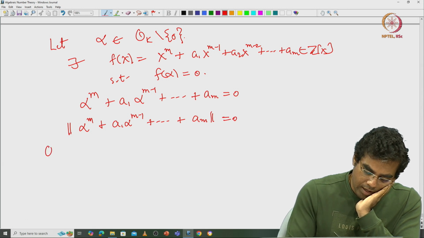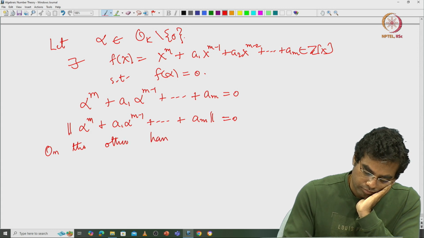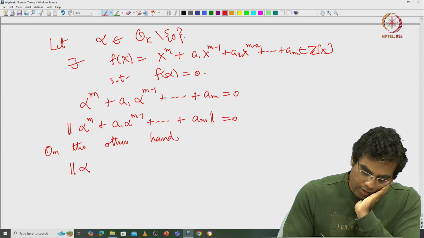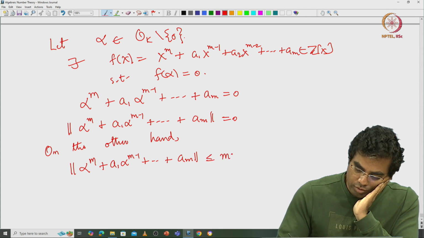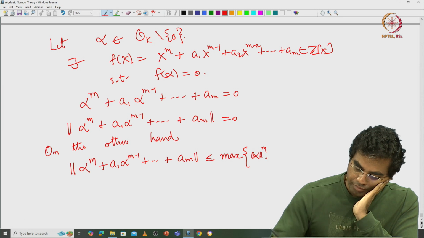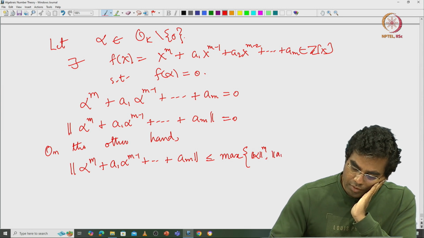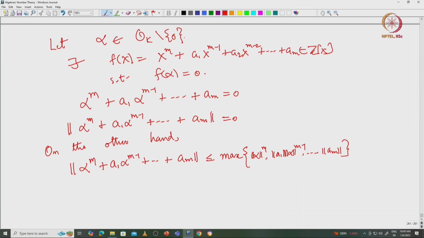But on the other hand, valuation of alpha to the m plus a1 alpha to the m minus 1 and so on up to am is less than or equal to max of valuation of alpha to the m, valuation of a1 alpha to the m minus 1 and so on up to valuation of am.